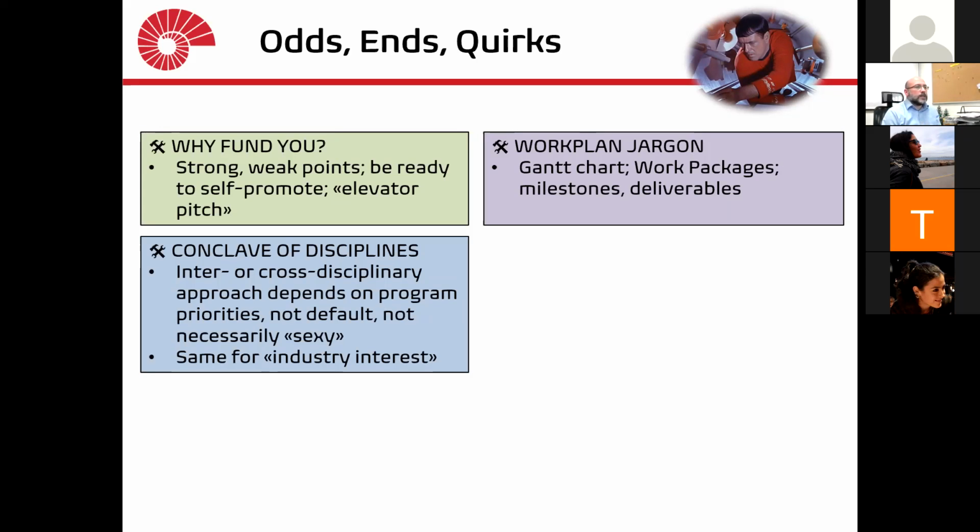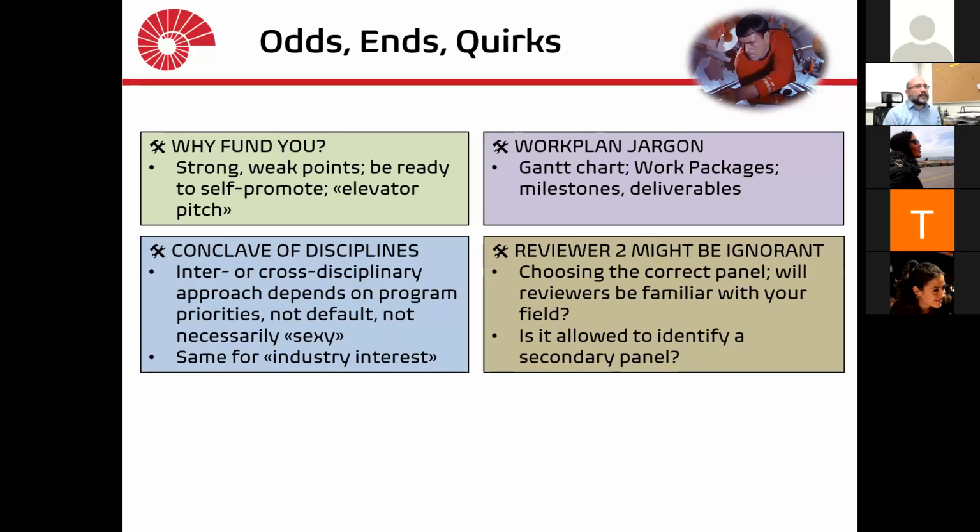If it is in the program guidelines that they need a collaboration with industry, small size or large scale, that they are expecting a technological implementation of the program, then you have to go for it. But again, it depends.